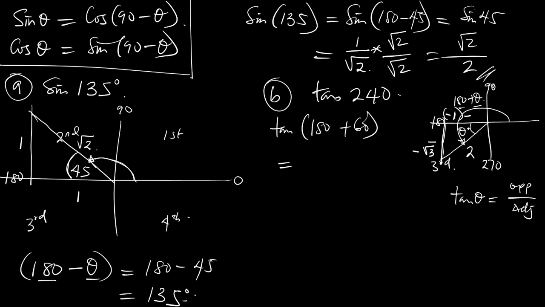So that means tan is positive because here is minus, here is minus. The up is minus, the down is minus. The opposite is negative, the adjacent is negative. So it becomes plus because minus divided by minus is positive. So now we have tan 60.